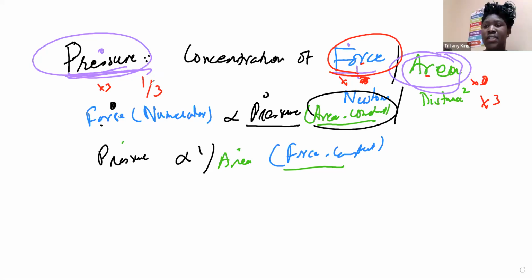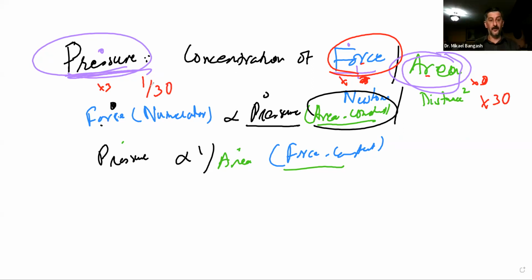When you're decreasing, you normally use a fraction. How big or small a fraction is 1/3? If you increase the area 30 times, it's going to be 1/30 of the original.